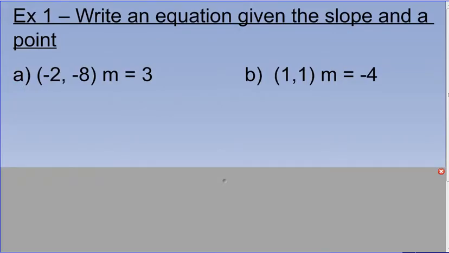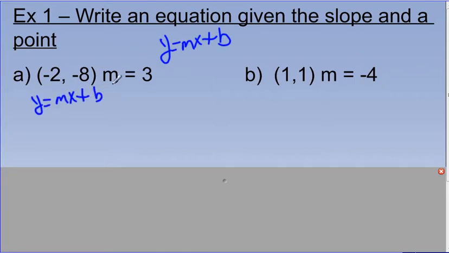Here we have a little bit of information. They've given us the slope of the line and a point on the line, and they want us to write the equation in slope-intercept form. Let's just remember, that's y equals mx plus b. Now let's plug in the information we know into this formula and see what we have left.